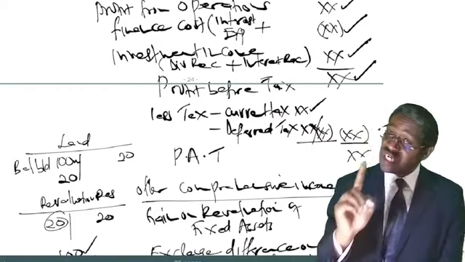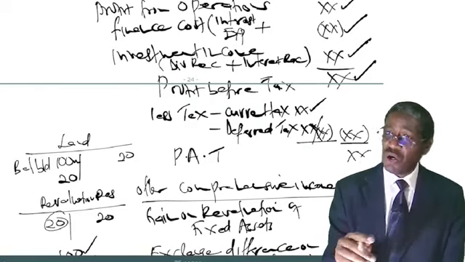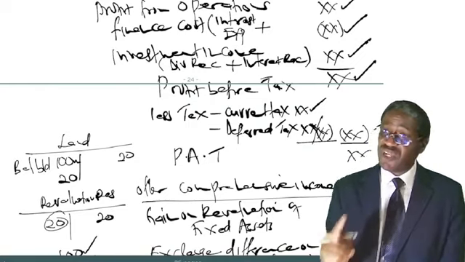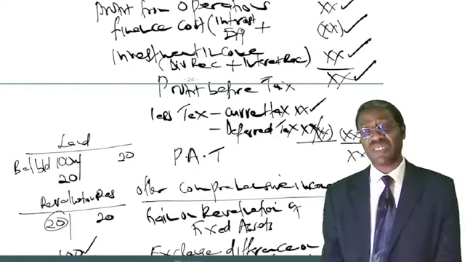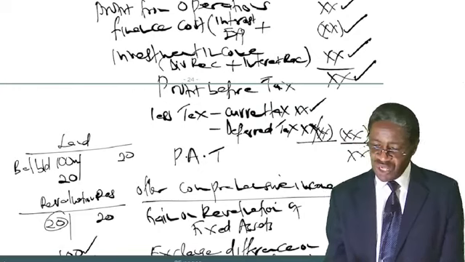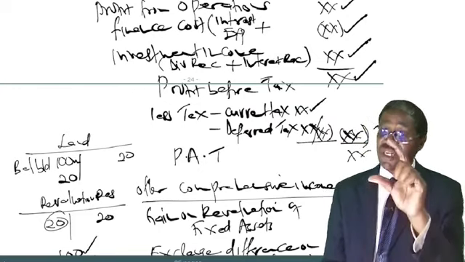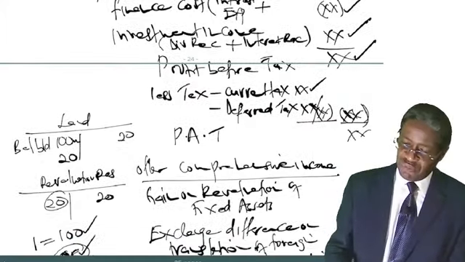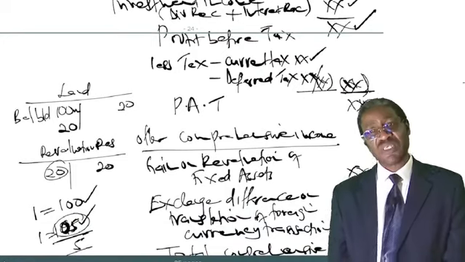There are times we shall be adding that amount of deferred tax to the current tax, or there are times you will be deducting it from the current tax. We shall discuss that in a short while. Get the net of those two, and that becomes your tax expense. Then you minus it from the profit before tax, and you get your profit after tax.